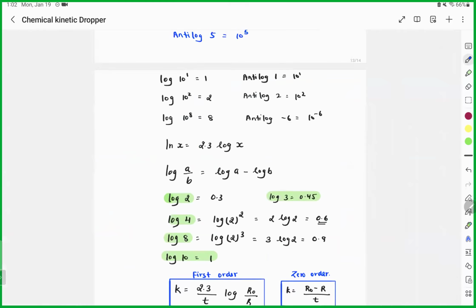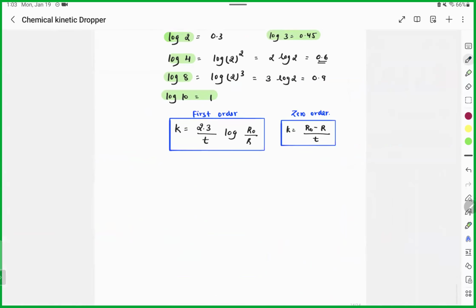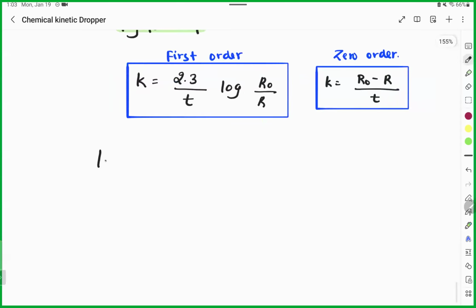Anti-log, people feel difficulty. You can't calculate because it will take too much time. Just compare the power, because the examiner will always give you an approximate number. They will never give you a number like 1.16 into 10 raised to power 4 and 1.27 into 10 raised to power 4 for anti-log.